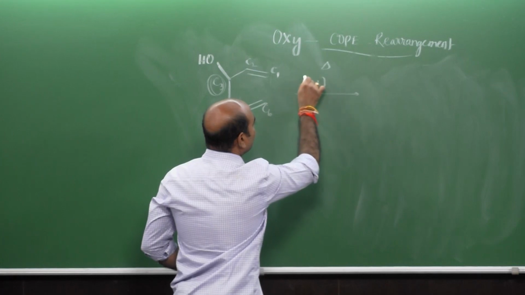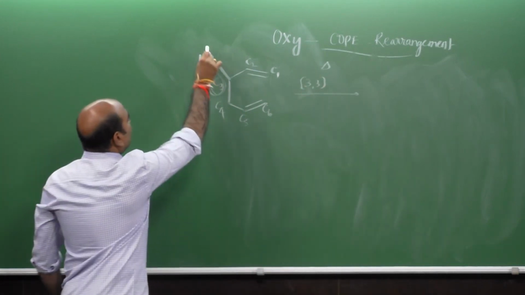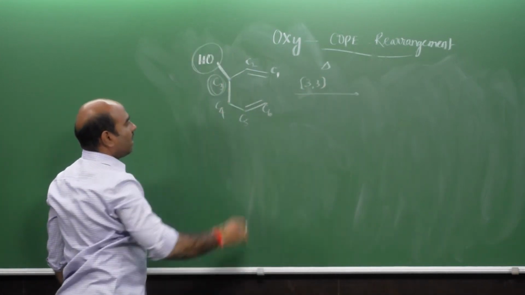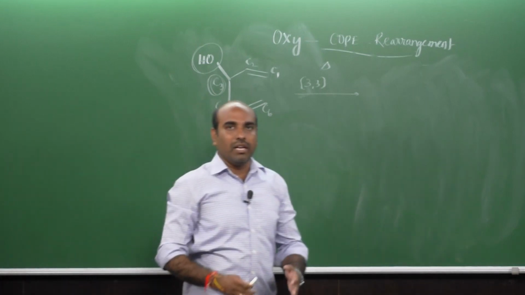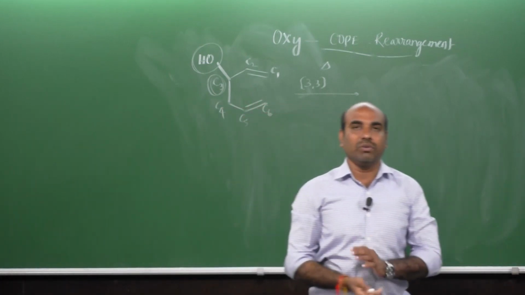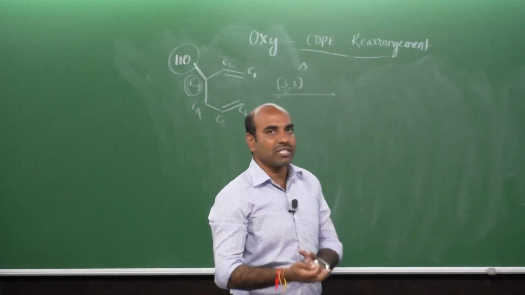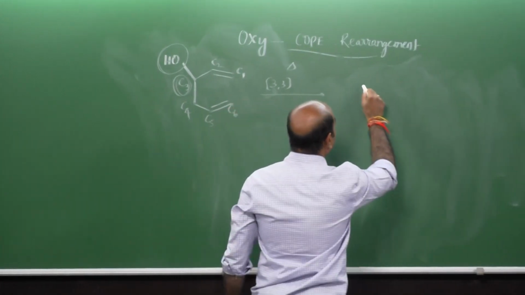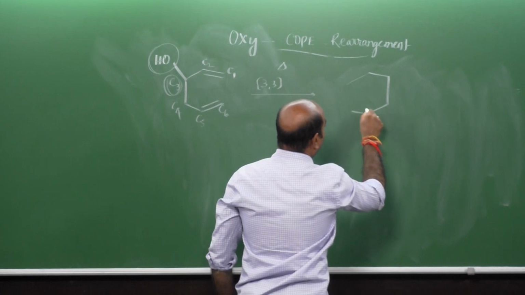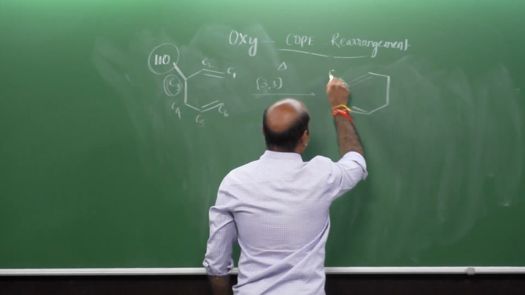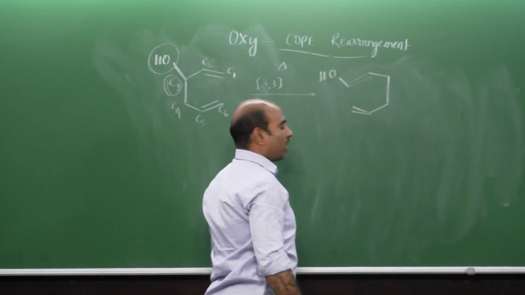But the difference is that the presence of an oxygen functionality at the C3 carbon atom will enhance the reactivity of the Cope rearrangement, while the product remains this way. So, this is the product.